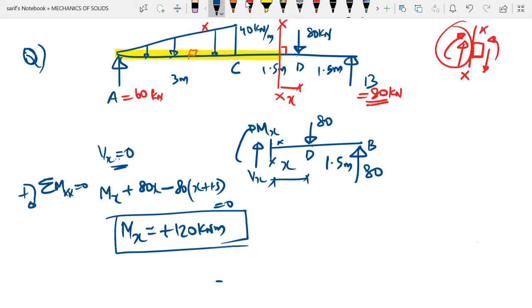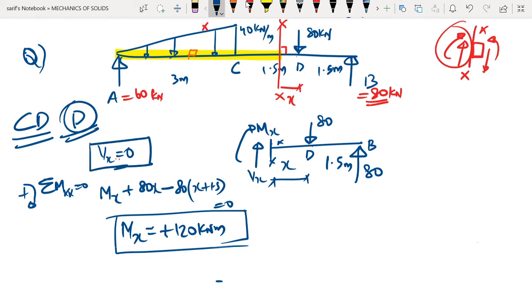So throughout the region CD, the shear force will be 0, and the bending moment is going to have a constant value, 120 kilonewton meter. So we are considering the region CD here, and the origin has been taken as the nearest point, that is D. Okay, so these are the values. Shear force is 0 in the region CD, and the bending moment is also constant and is plus 120 kilonewton meter.